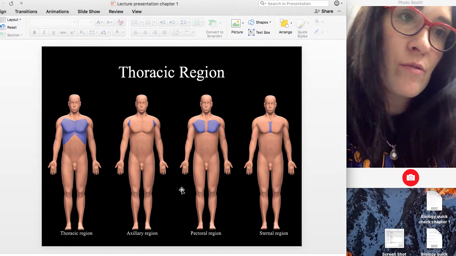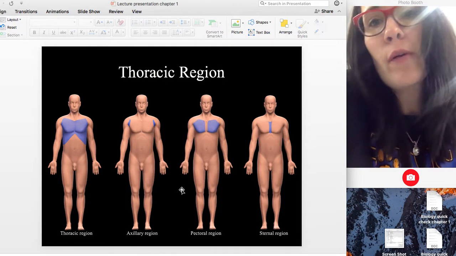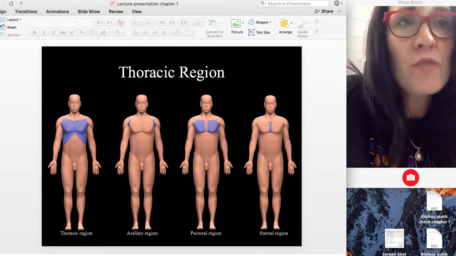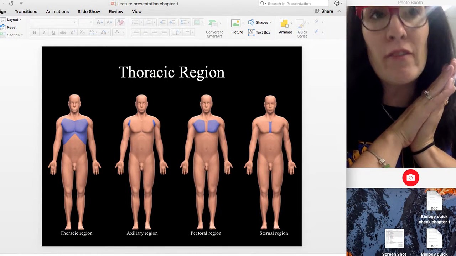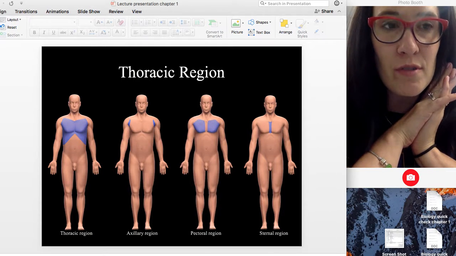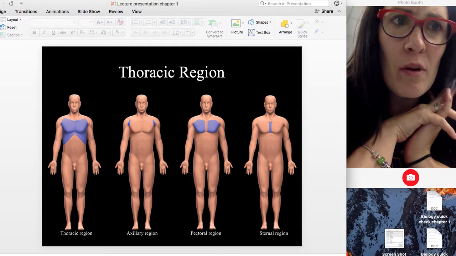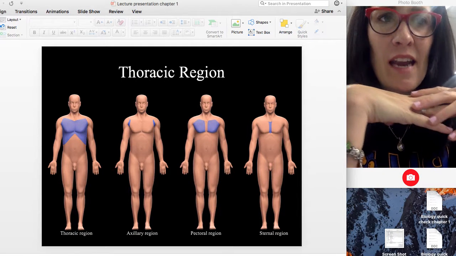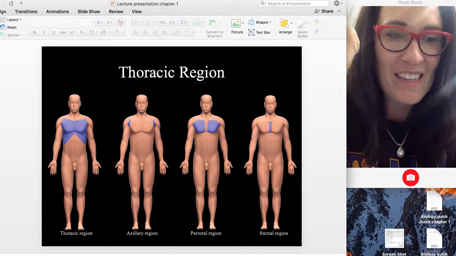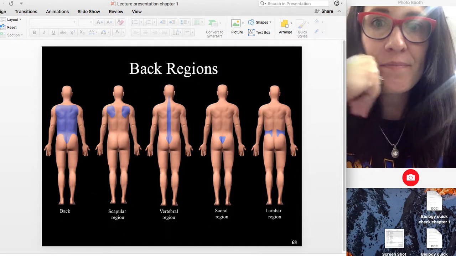Then pectoral and sternal. With these regions, you're going to find that a lot of them are pretty familiar and easy to know. The other ones are a little more abstract, where you don't have anything to connect to, like antebrachial, for example. You're just going to have to memorize it and know where it's at.